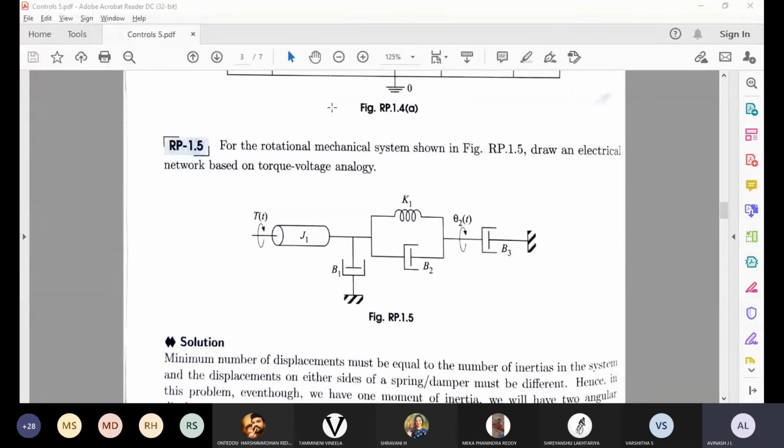Take down the question, all of you. Including this one, two numericals are regarding rotational systems, and from tomorrow's class we'll start the new topic, geared trains.